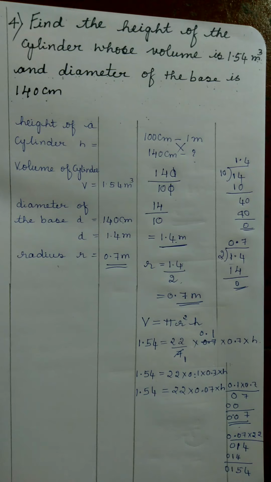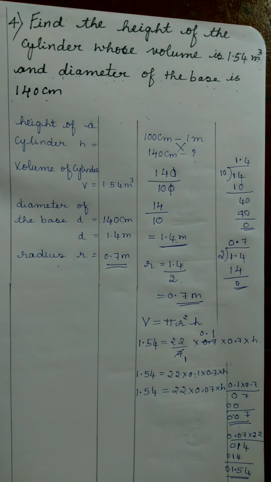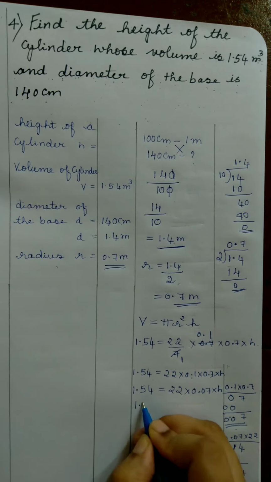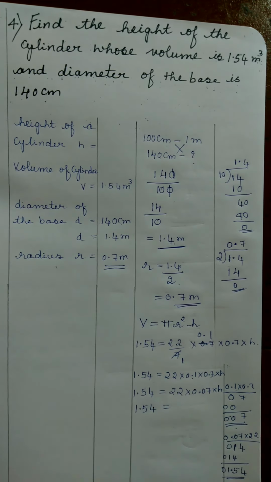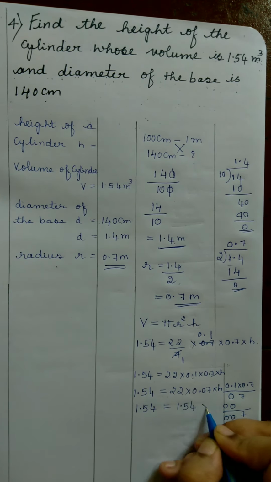So after the decimal point we have two digits. Therefore in the answer, after the two numbers, let us put a decimal point. Therefore 1.54 is equal to 1.54 into h.